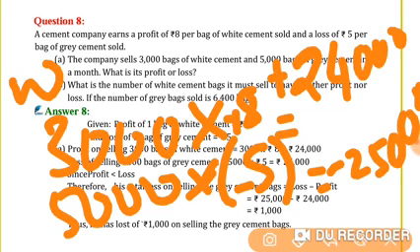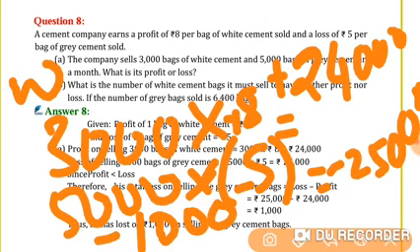Adding the profit and loss together, you'll get the total earning of a month. So it is minus 1,000. It loses, because plus 24,000 is profit, but minus 25,000 is loss.